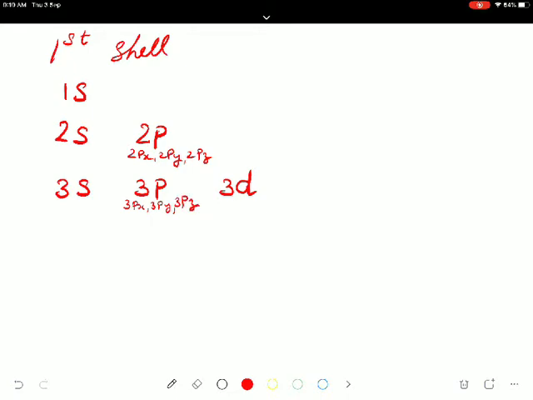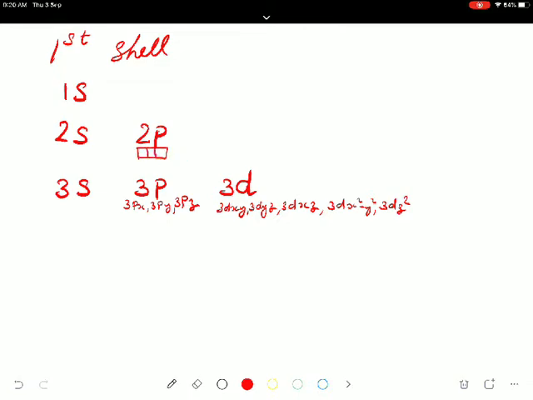In the case of 3d, you can write five: 3dxy, 3dyz, 3dxz, 3dx square minus y square and 3dz square. Generally I am writing only 3d. Instead of writing these orbitals, I will show boxes here. Here I will show 3 boxes.